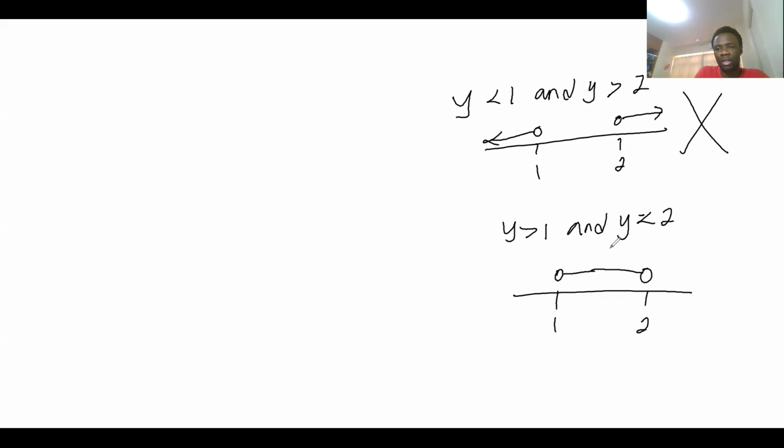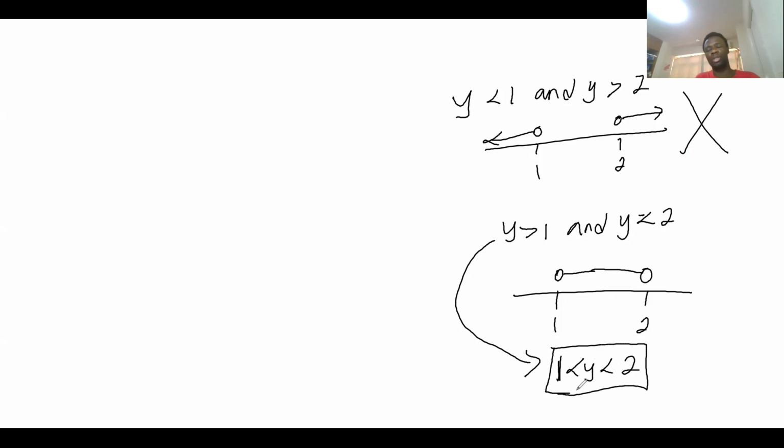The lowest one is 1, so y greater than 1 means 1 less than y, and also y less than 2. This is what I mean by a combined inequality. But it can only be done if they both satisfy the range. In this case, one goes in a different direction from the other. Am I making sense? Yep.